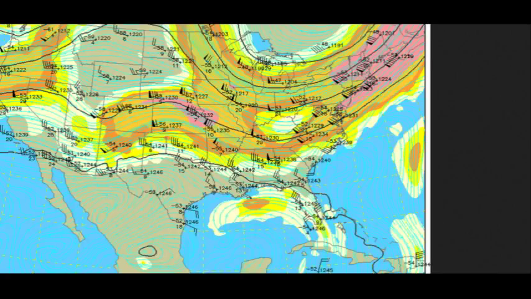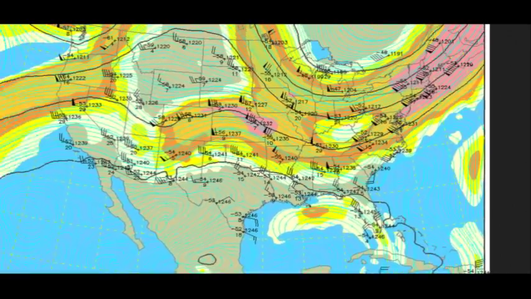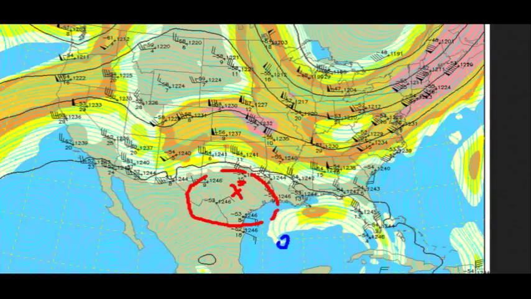There's one last look at the upper level patterns. This is 200 millibars, and you can see the subtropical high appears to be centered right around Austin to Waco. So Harvey is located down here. It seems like the steering flow would maybe carry that towards Brownsville.